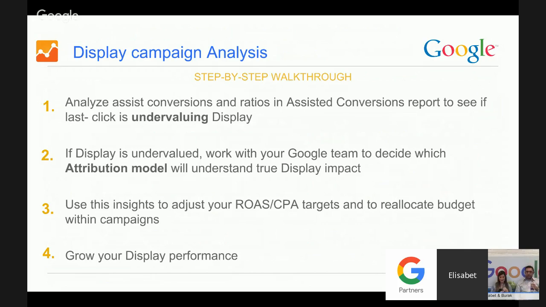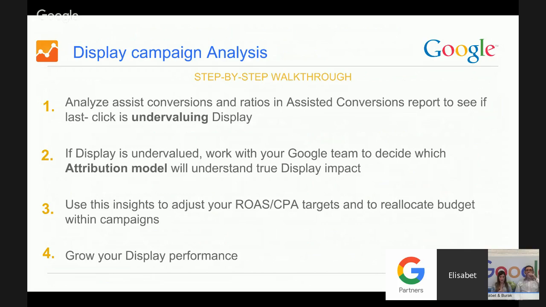First of all, we need to analyze the assisted conversions and ratios in the assisted conversions report to see if the last click is being undervalued in display. If display is undervalued, what we suggest is that you work with your Google team and decide which attribution model will capture the true display impact.